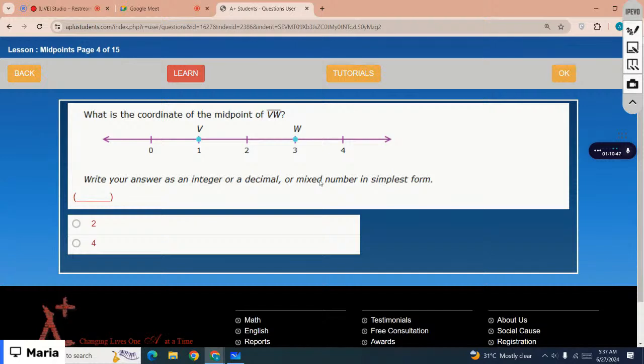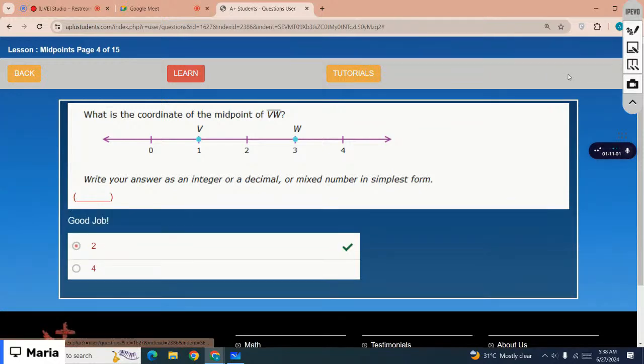What is the coordinate of the midpoint of VW, which is the correct option? The correct option is 2. Option number 1 is the correct option. That is the midpoint of VW.